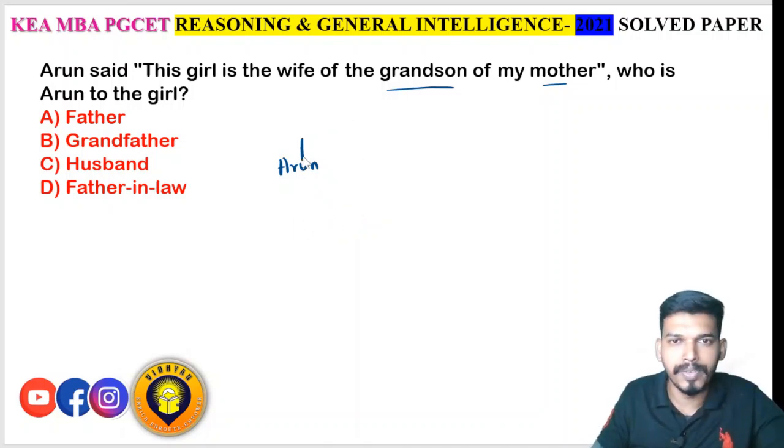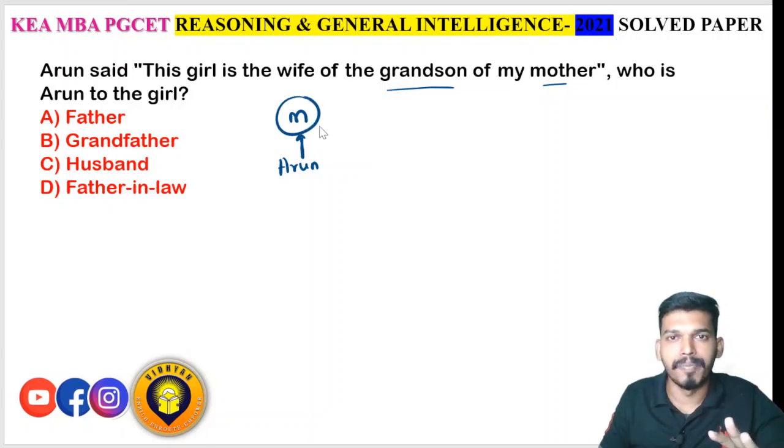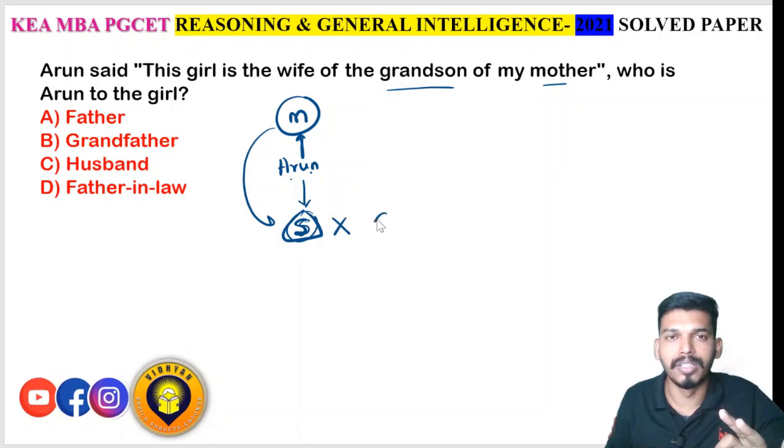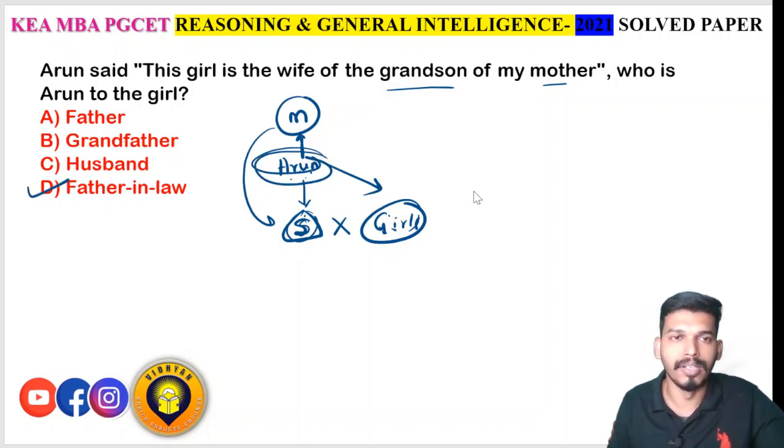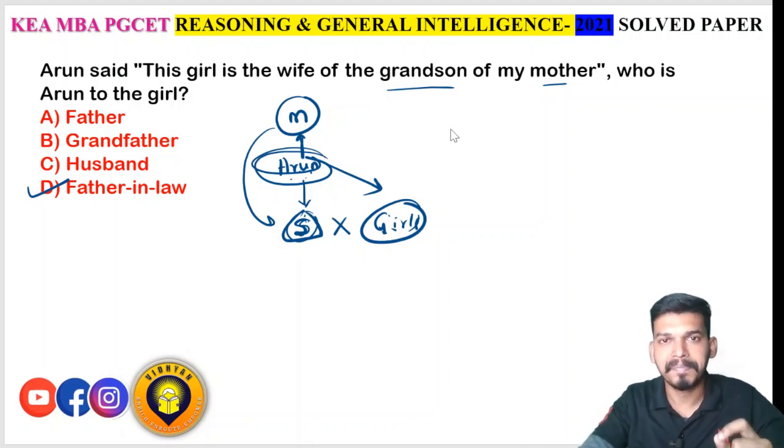Then this girl is the wife of the grandson of my mother. So for him to be the grandson of his mother, it has to be Arun's son, right? So this person is the grandson of Arun's mother, and the girl is the wife of him. So who is Arun to the girl? She is Arun's son's wife. So therefore Arun will become the father-in-law to the girl, right?